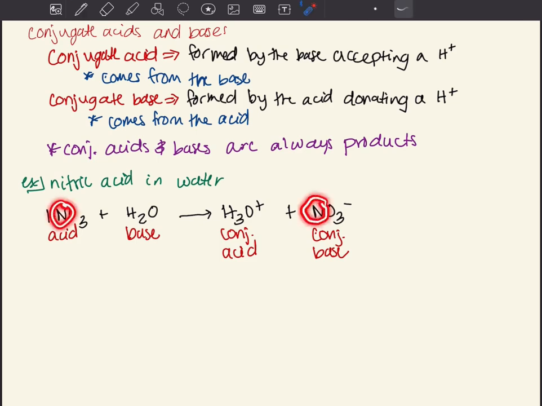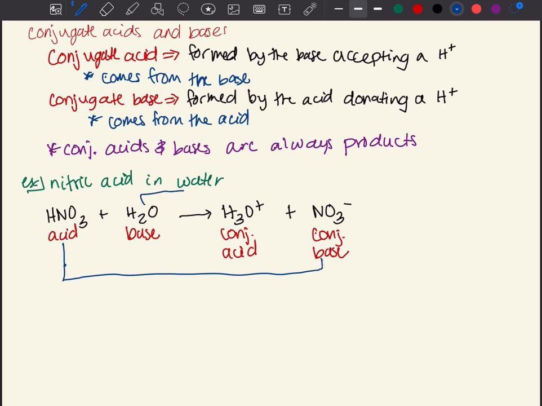I'm going to find the other thing that has nitrogen in my products, and that is my conjugate acid-base pair. When we look at it a little bit more closely, you can see that the conjugate acid-base pair is your acid and conjugate base or your base and conjugate acid. So these are our conjugate acid-base pairs.